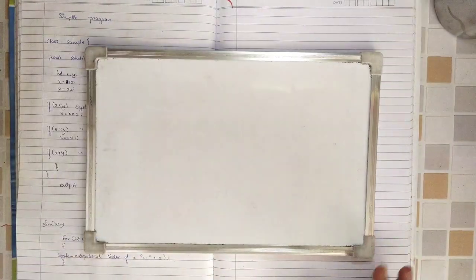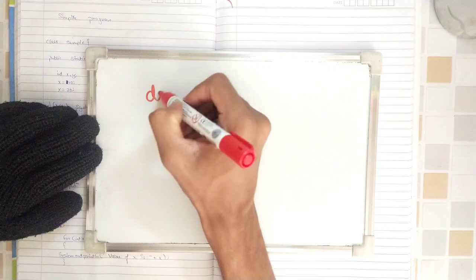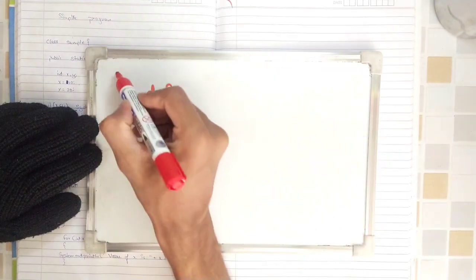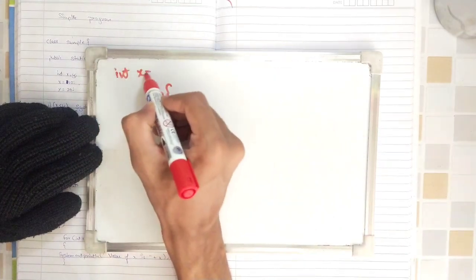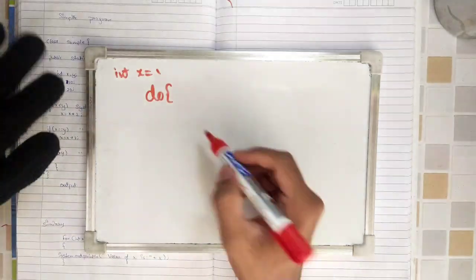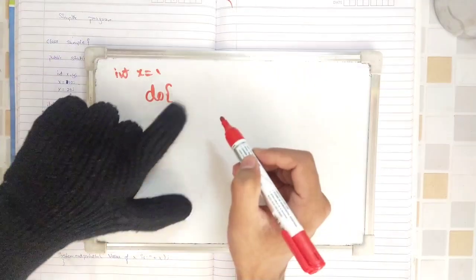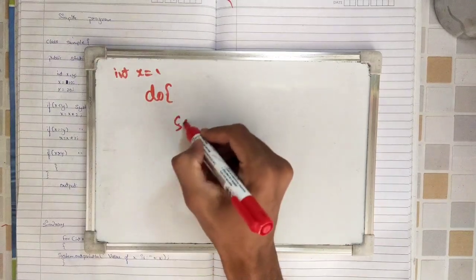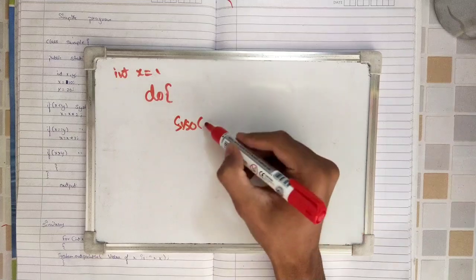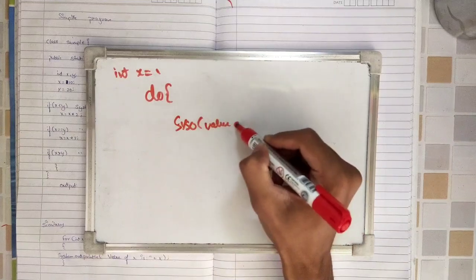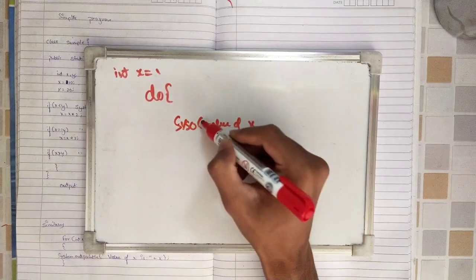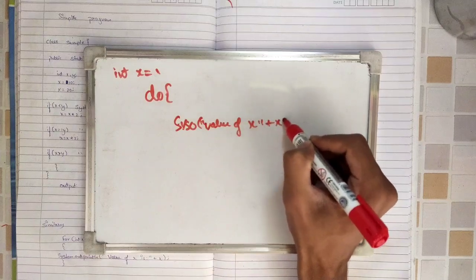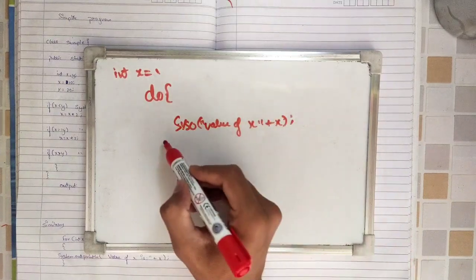Let me take the best example. Suppose first I say int x is equal to 1. Then I write a printf statement for the value of x, so the value of x will be printed.